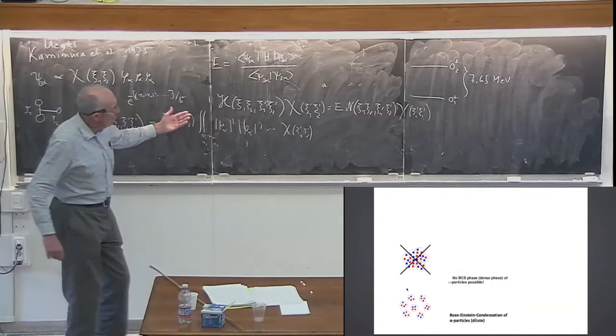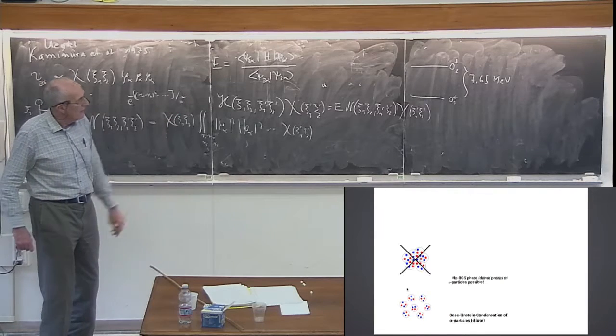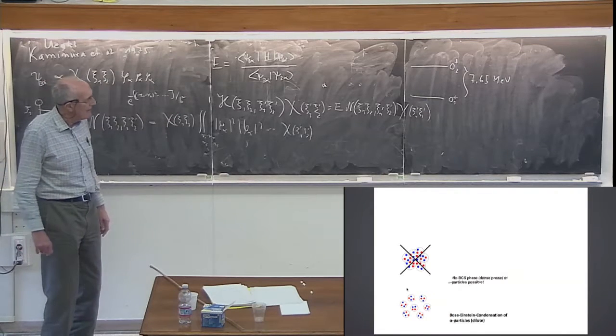If they diagonalize this Hamiltonian, they don't only get the one state, they get several states.